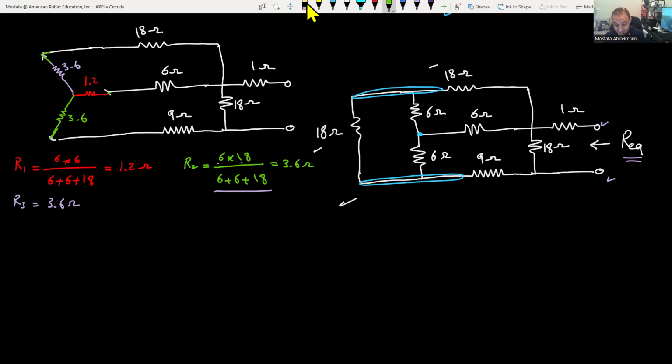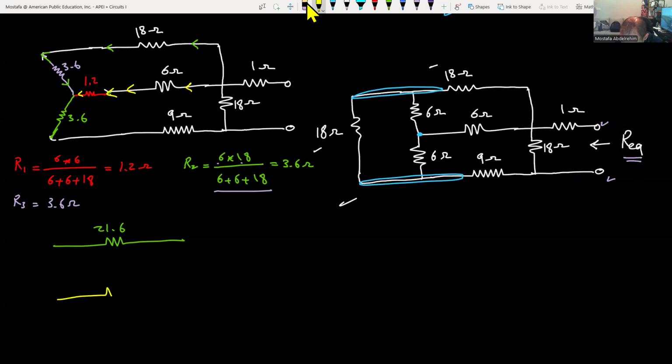And let's now look at the circuit after this conversion. You're going to see that the 18 ohm and the 3.6 are in series, correct? So you have here 18 plus 3.6, it's 21.6. In the middle branch, you have the 6 ohm in series with 1.2.